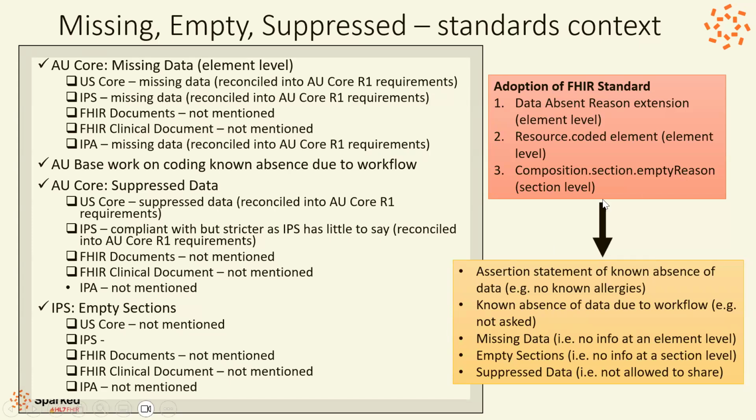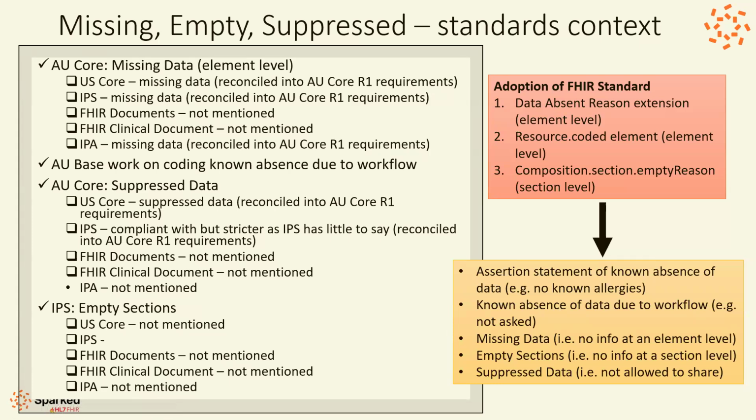All right, so we're not proposing any new extensions or anything like that. We're just saying there's these common things that we need to say. So we're really going to be providing some guidance and requirements, and they can all be done through the FHIR standard, basically.